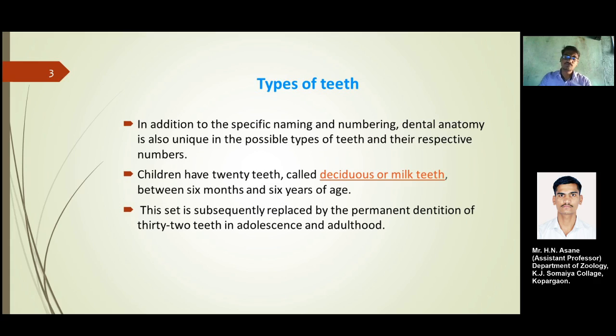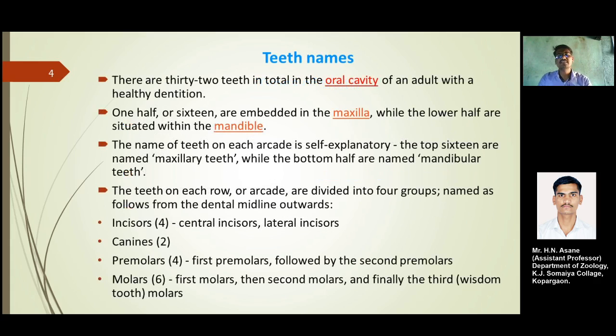So how are the teeth named? There are 32 teeth in total in the oral or buccal cavity of an adult with healthy dentation.